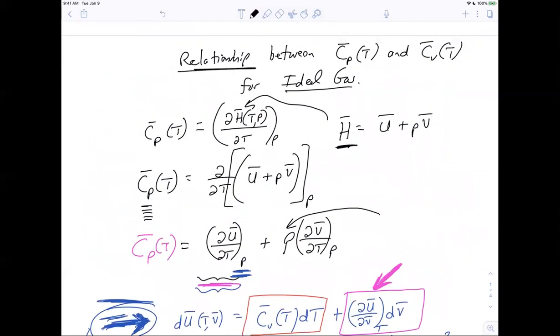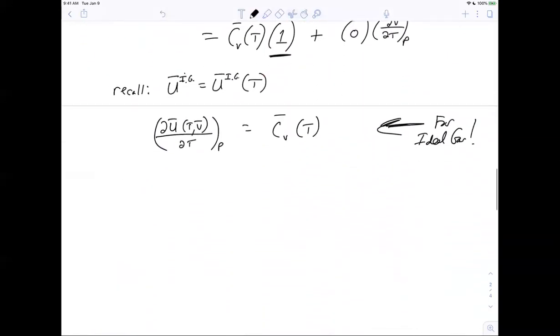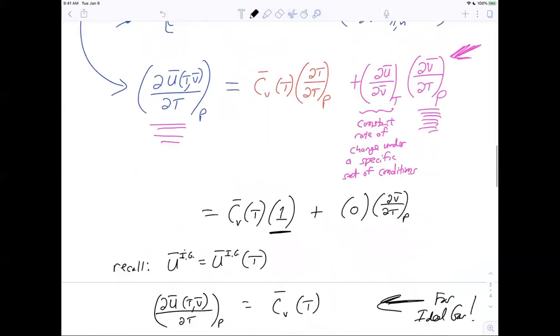The relationship between Cp and Cv for an ideal gas. That was our whole point to start with. We know what partial of U bar with respect to T at constant P is. That's just Cv bar. So let's go back. Cp bar of T is equal to Cv bar of T for an ideal gas. Now we just have this term left.